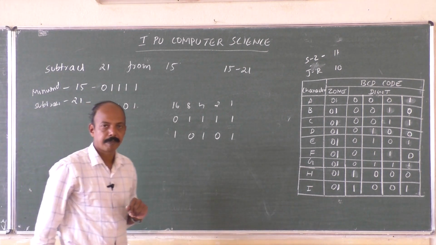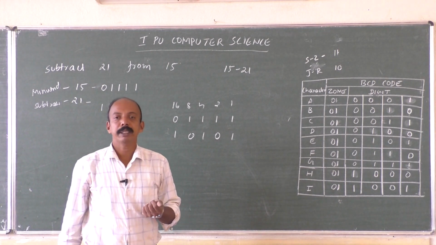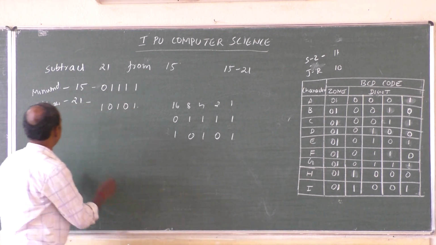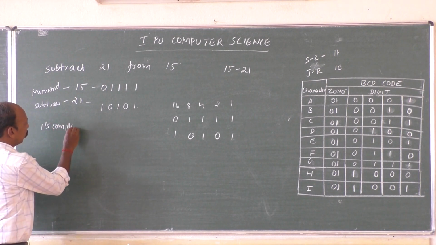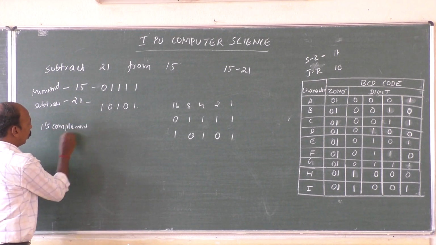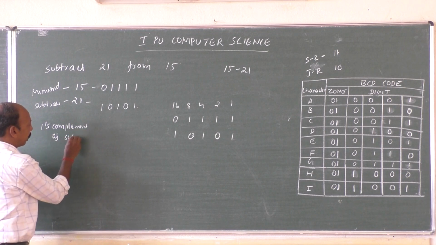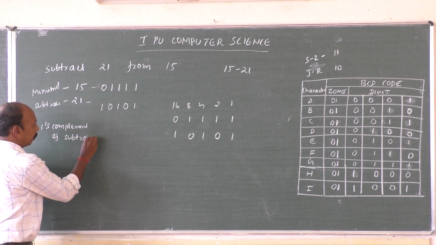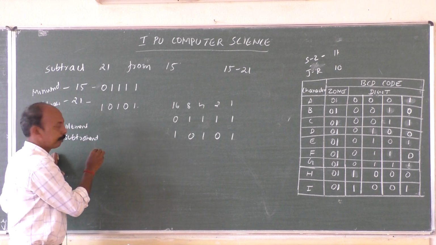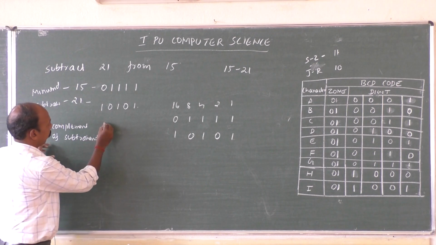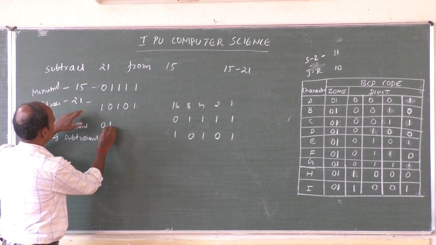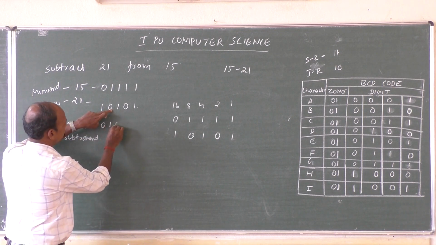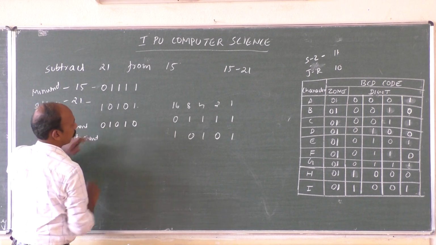What is the next step? Take 2's complement of the subtrahend. So first step is 1's complement of the subtrahend. What is that? It will be 0, 1, 0, 1, 0.